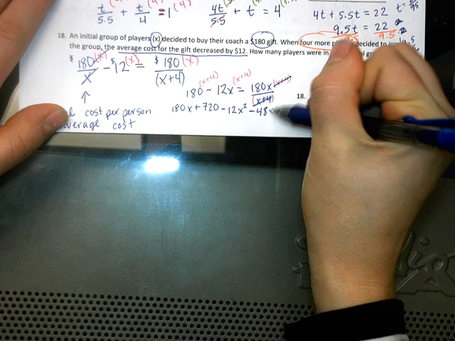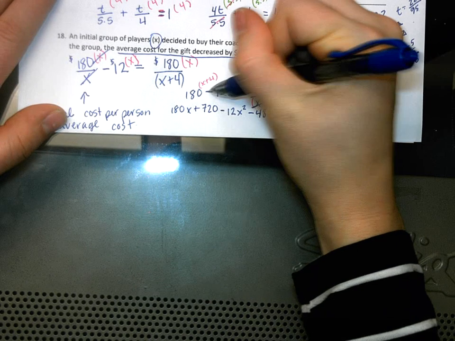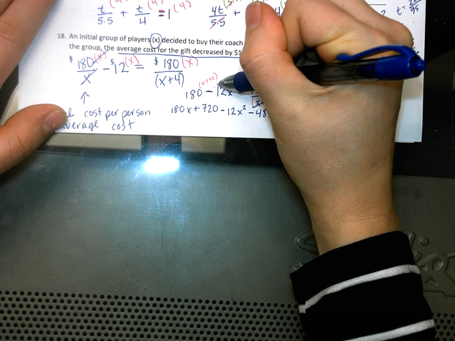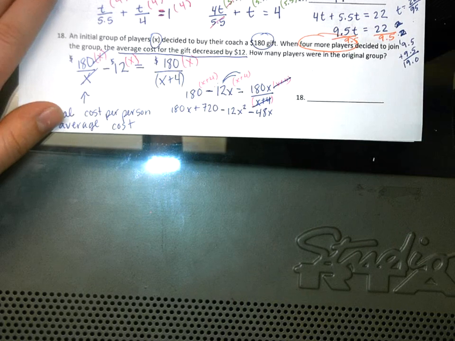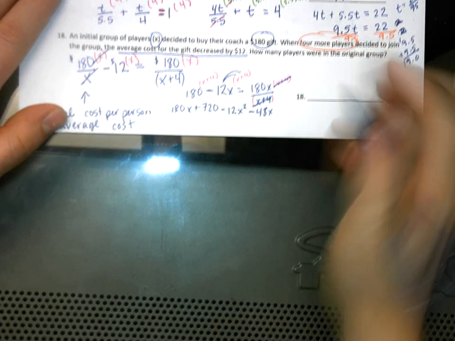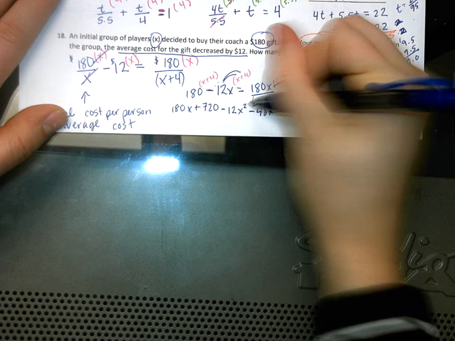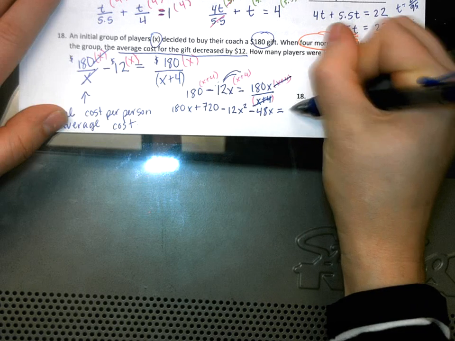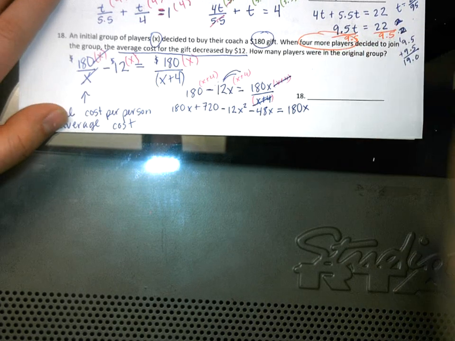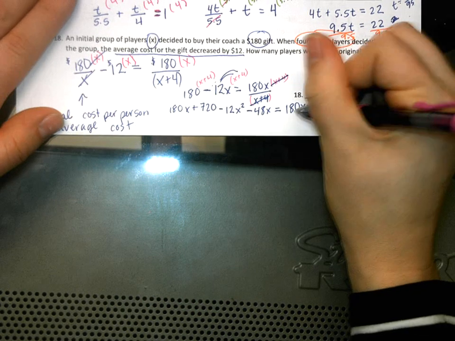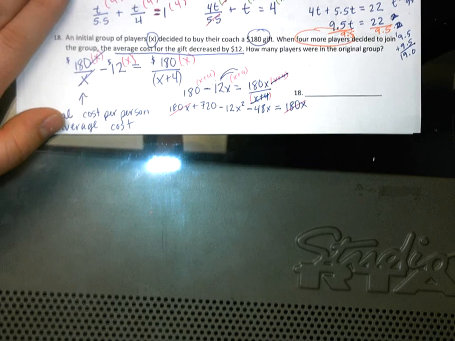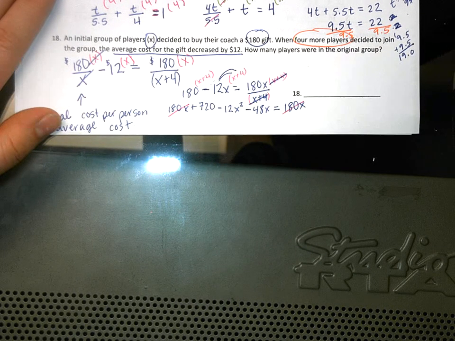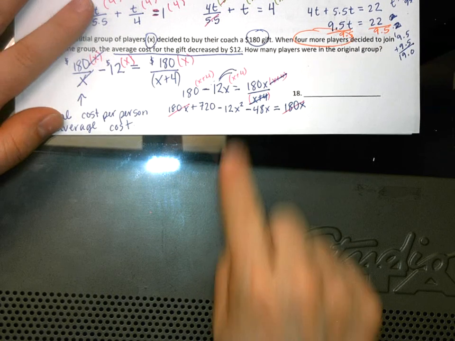Make sure you know that this is a negative 12, so we're going to distribute and get negative 12x squared and negative 48x. And on the right, we have 180x. What do you notice is on each side? So we can subtract that from each side, and write this in standard form.